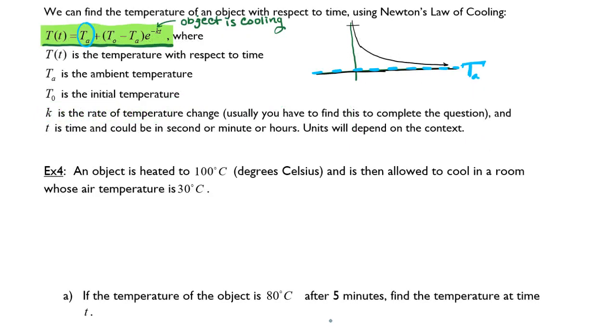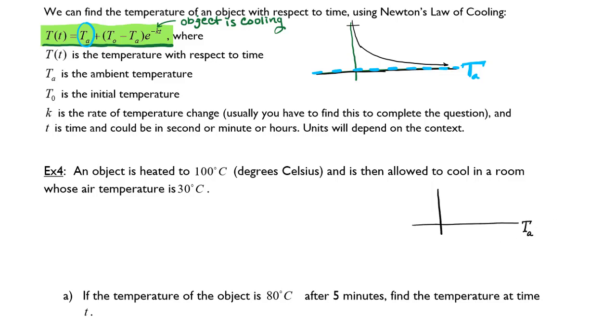Let's take a look at our first example. An object is heated to 100 degrees Celsius. That would be boiling. And it's then allowed to cool in a room whose temperature is 30 degrees Celsius. So we know that the object is going to tend toward the temperature of the surroundings, so the ambient temperature.